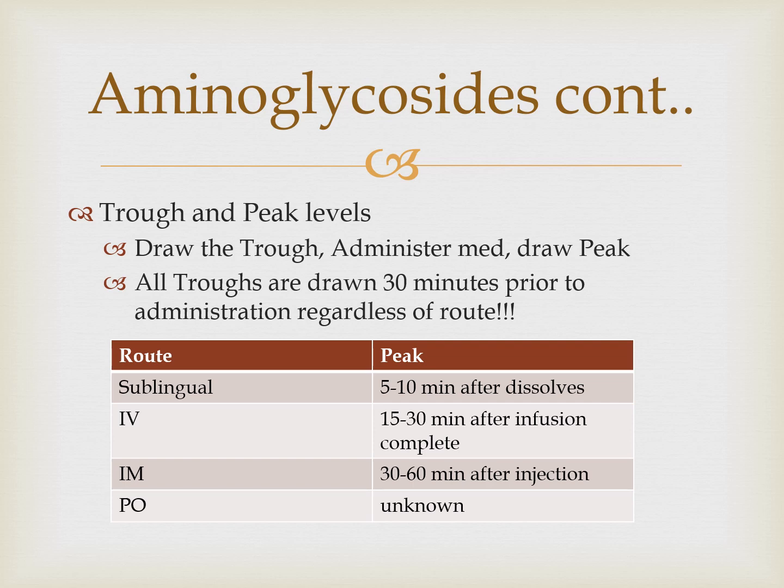Okay, so aminoglycosides. I told you guys that we would talk about this. What you need to remember about aminoglycosides is that we do frequent blood draws in between every third or fourth dose, depending on what facility you're in. Aminoglycosides, if given IV, need to be given through a central line. This is the one that can cause ototoxicity, so you need to assess their hearing and their balance.